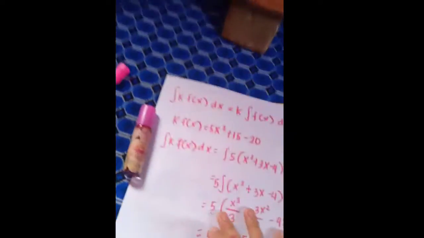So another example is the integral of k f of x dx is equal to the integral of 2x cubed dx. So it is equal to 2 times the integral of x cubed dx.